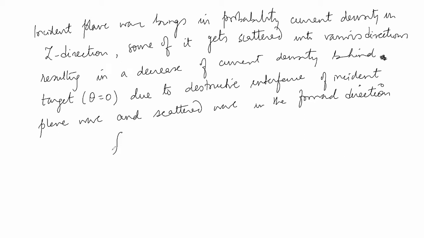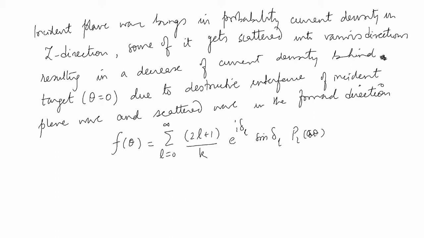Now you recall that last time I wrote f theta, the scattering amplitude, as the sum over partial waves of 2l plus 1 upon k, e to the power i delta L, sine delta L, PL cosine theta.